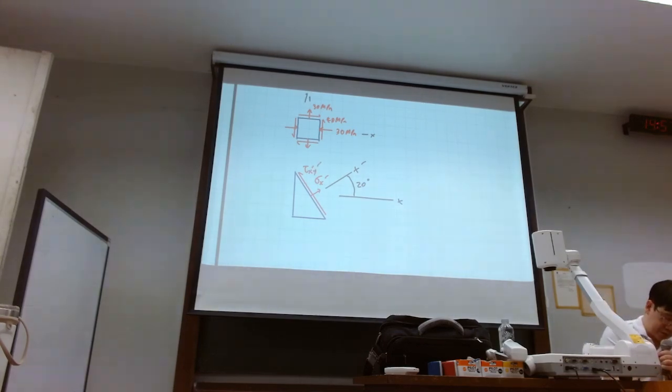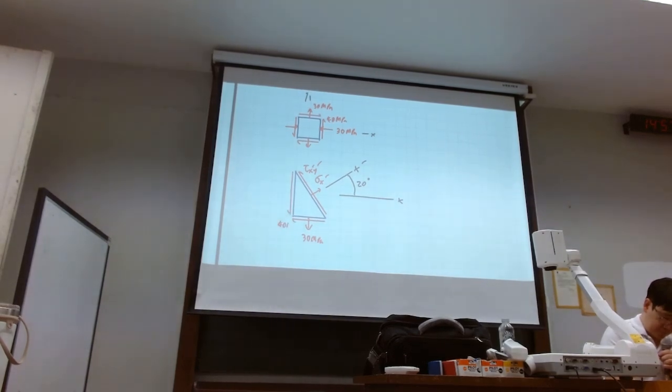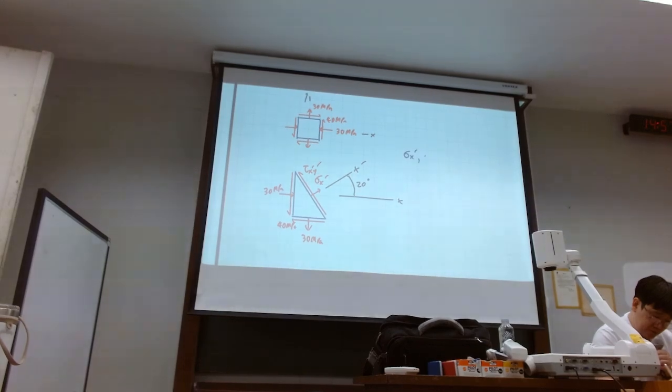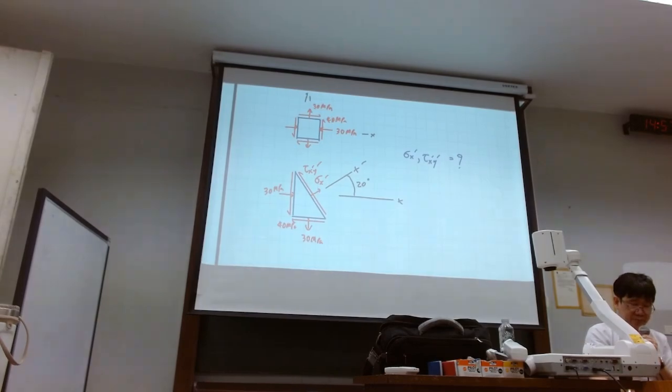And of course this is still your 30 MPa, this is still going to be your 40, and this is your 30 MPa. So my question is quite straightforward: sigma x prime and tau x prime y prime are equal to what?